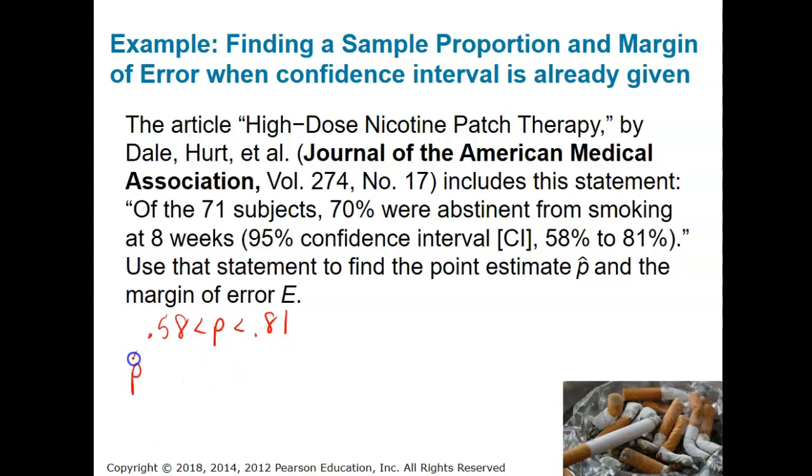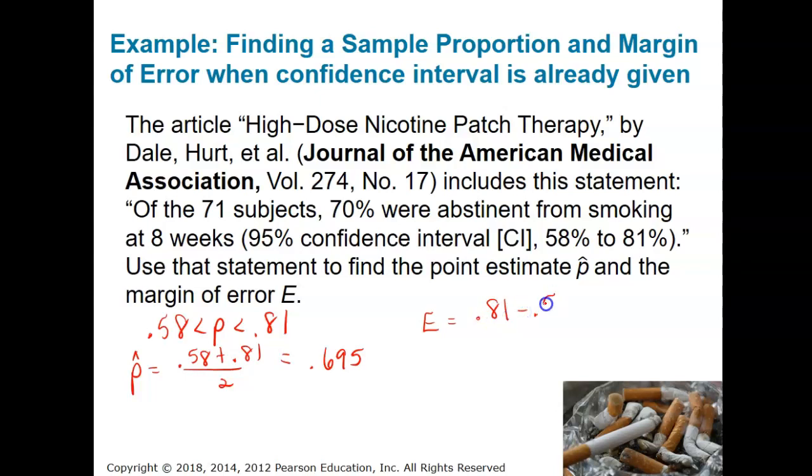So if I want to find my p-hat and I've already got the confidence interval provided, what I'm going to do is add these two together and divide by 2. When I do that, I'm going to get 0.695. So 0.695 is the midpoint of that interval, and that's my p-hat. For the margin of error, I'm going to subtract the two.